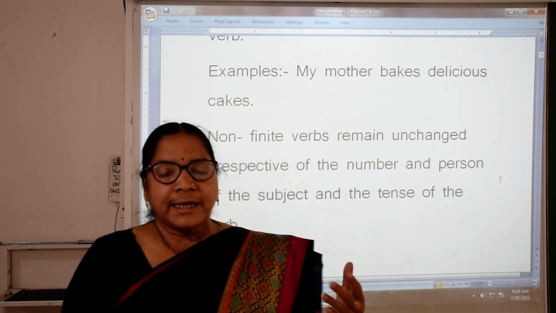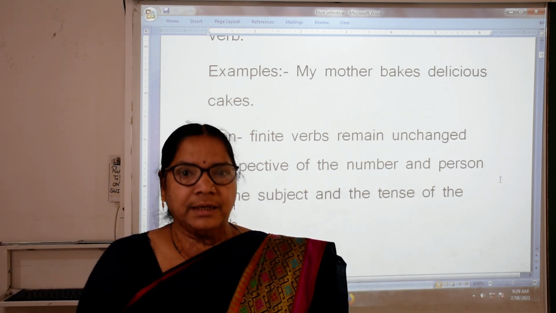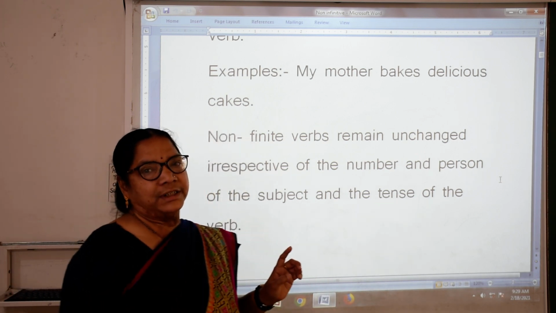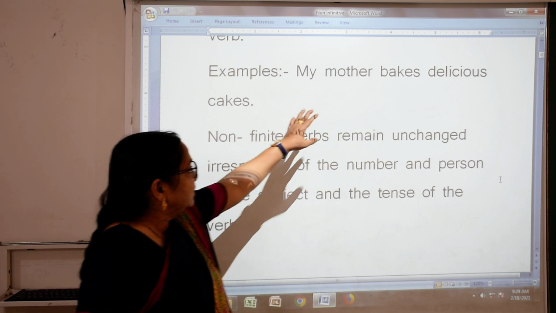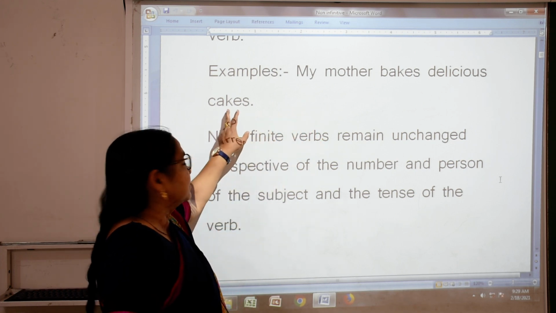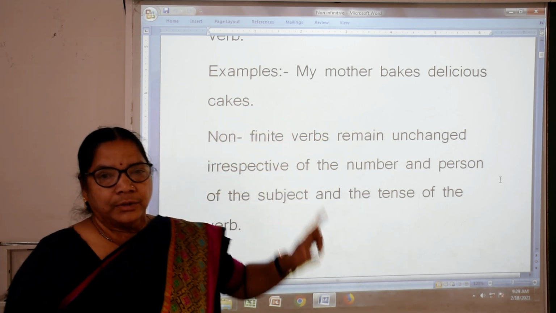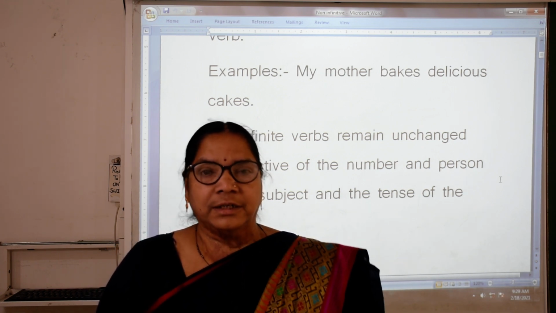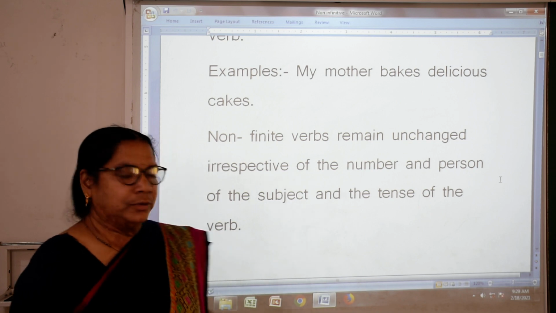Suppose I say, I bake a cake, it is one cake, and here my mother bakes delicious cakes, a number of cakes. When I say I baked a cake, it is one cake.